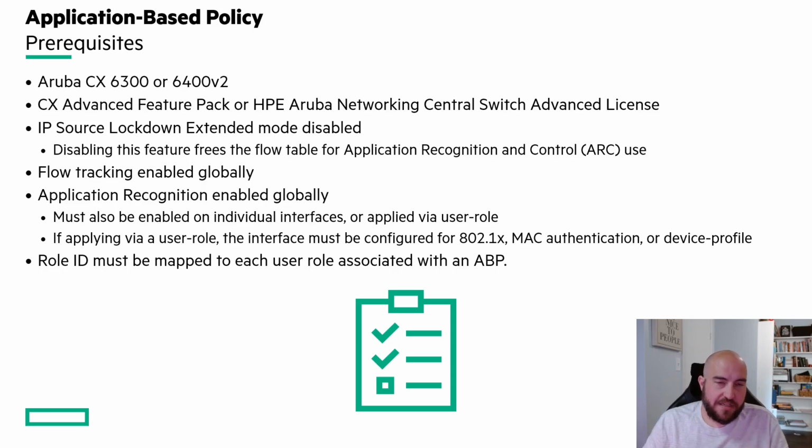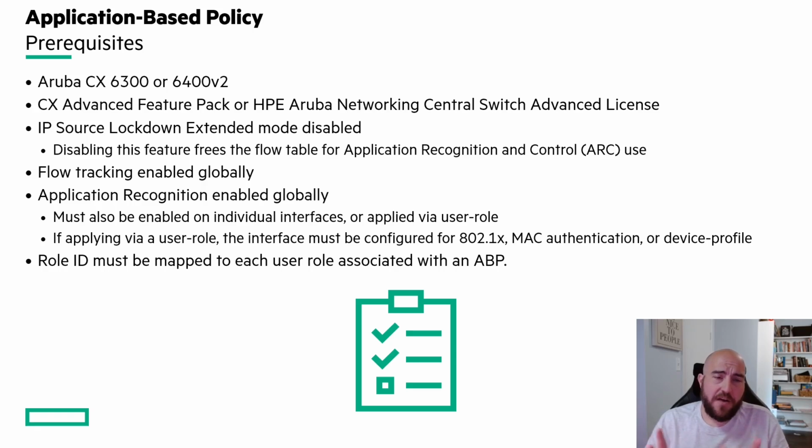You'll see that in 2 screens whenever we're going over the configuration. We have to enable flow tracking so that we can start populating those flow tables. And then we have to enable application recognition both at the global level and then lower down in the configuration, either at an interface or through a user role.